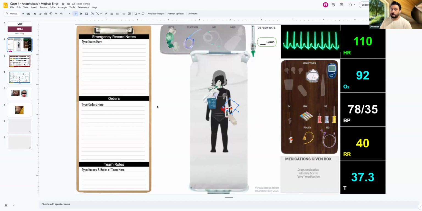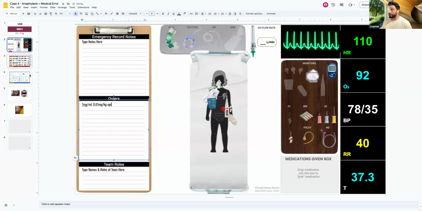Do we have IV access at the moment? Yeah, we have one IV access that we can use. Okay. So what I would like done is one 0.2 milligram dose of the 1 milligram per mL concentration of epinephrine given IM into the right anterolateral thigh.